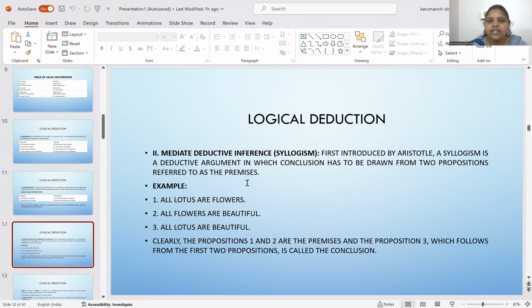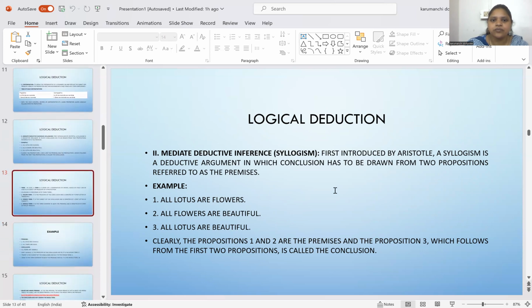The conclusion we derive from these two propositions is all lotus are beautiful. So the first and second statements are called premises, and the third one is the conclusion that we derive from statements 1 and 2.